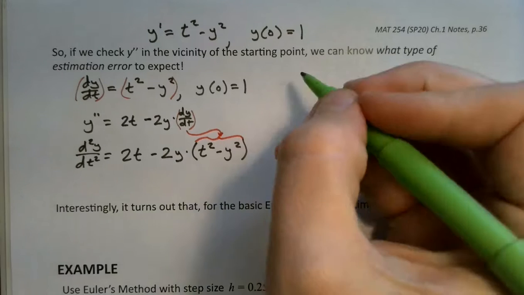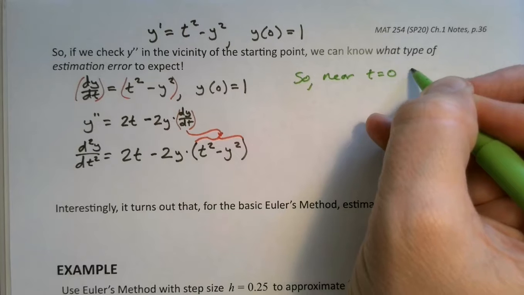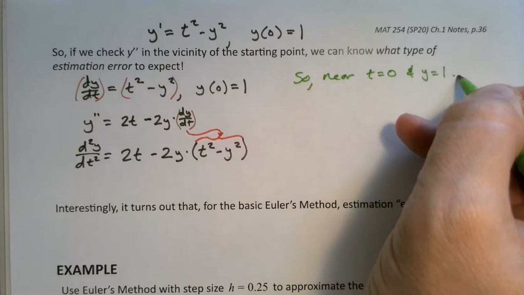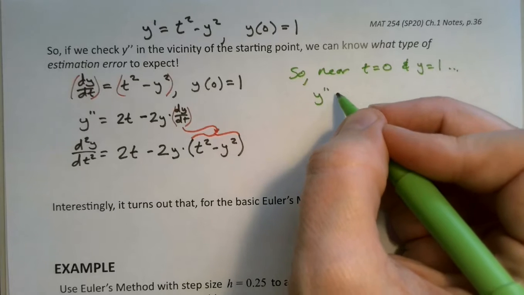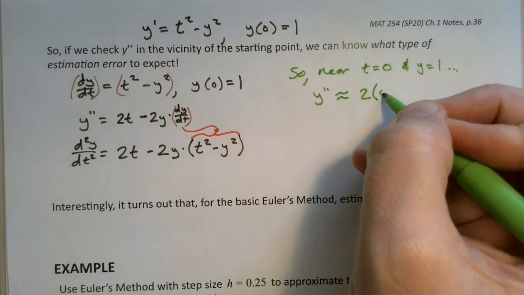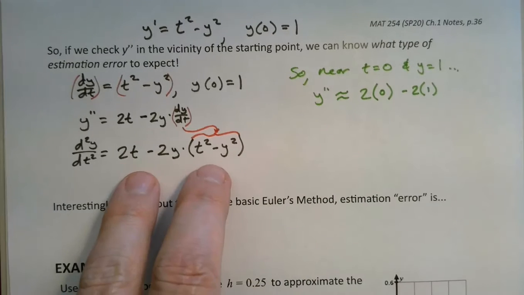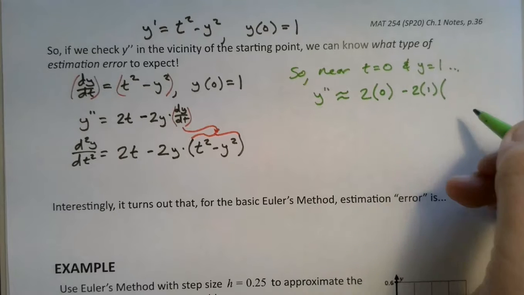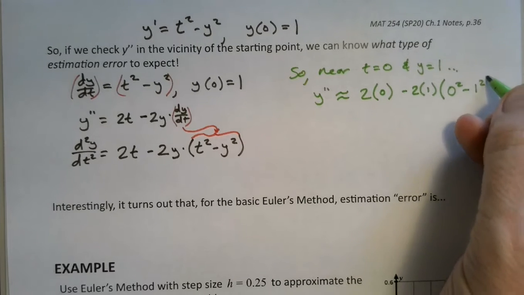So off to the side I say, near t equals 0 and y equals 1, we can say y double prime is roughly equal to 2 times t, which is 0, minus 2 times y, which is 1, just getting this from over here, times t squared, which is 0 squared, minus 1 squared.